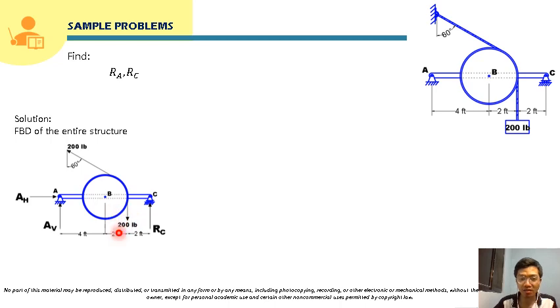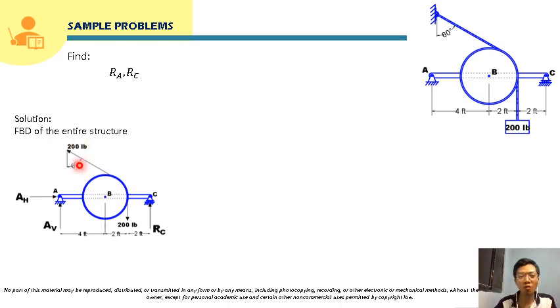So if this is 200 pounds, supported by this frictionless pulley, along the continuity of this cable, this will also be 200 pounds. This will be tension, and since this is a cable, this will also be 200 pounds.